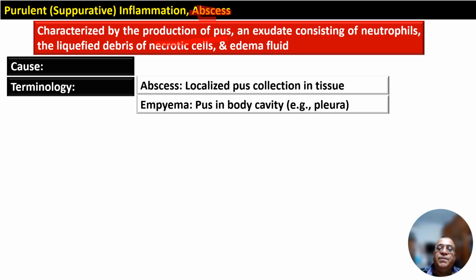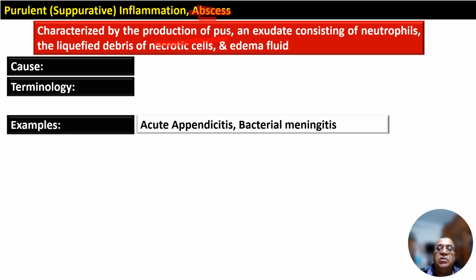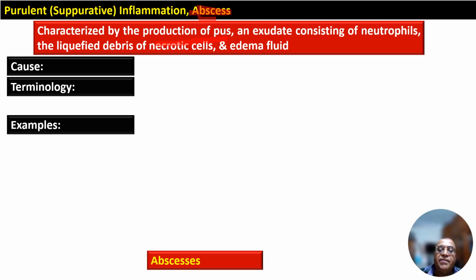Empyema is collection of pus in a body cavity, such as empyema thoracis, which means collection of pus in the pleura. Examples of this purulent inflammation are acute appendicitis and bacterial meningitis.